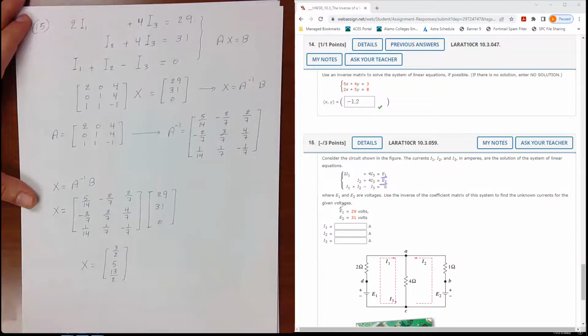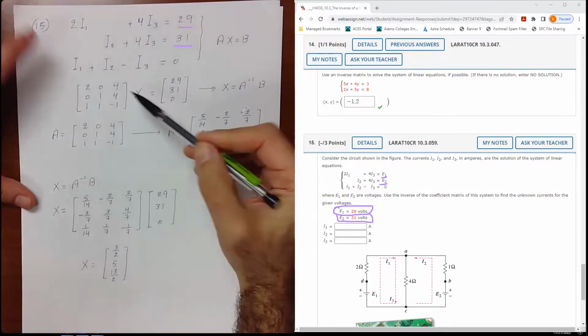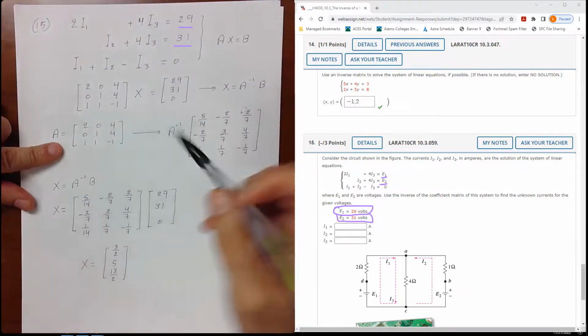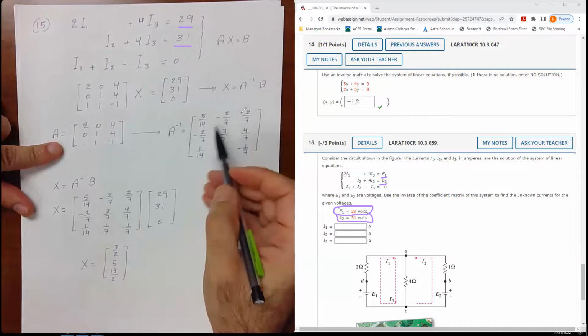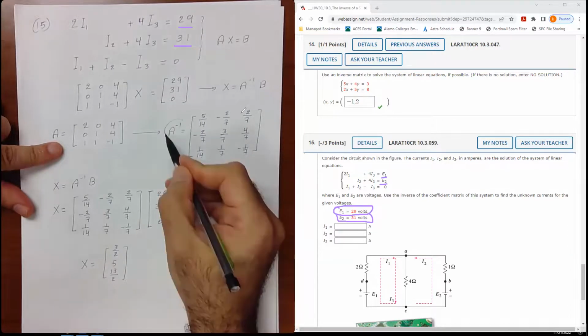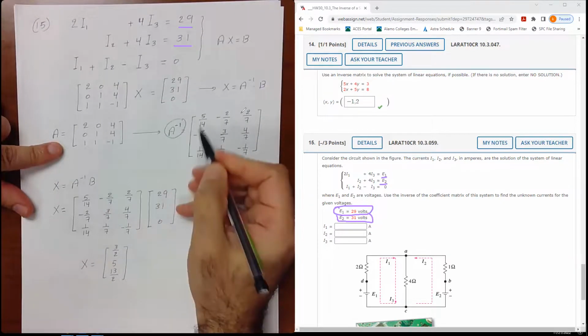And then they're telling you E1 is 29, and E2 is 31. So I plug in 29 and 31 here. So I have the B. Here's the matrix A. So I did exactly the same steps as example 8, and I get this matrix, which is the inverse. So here's the inverse for the matrix A.